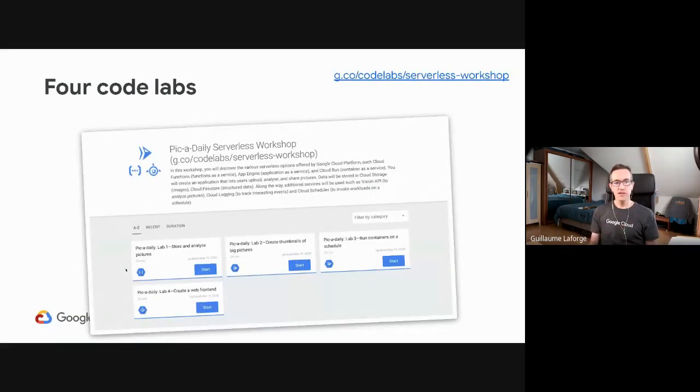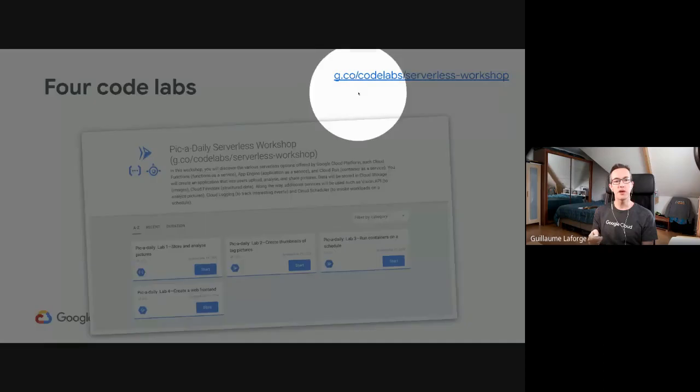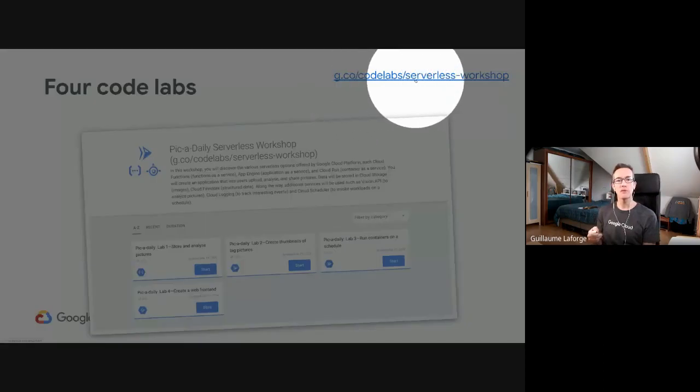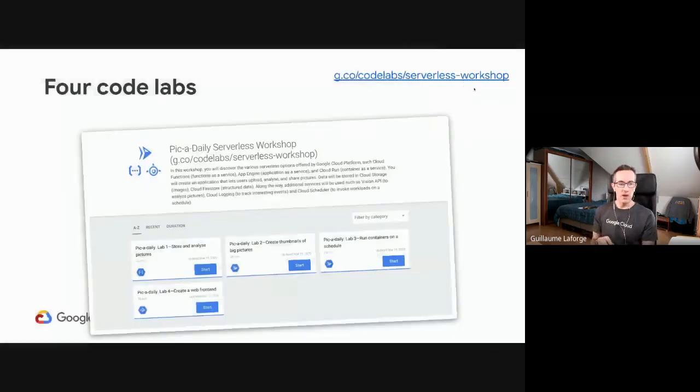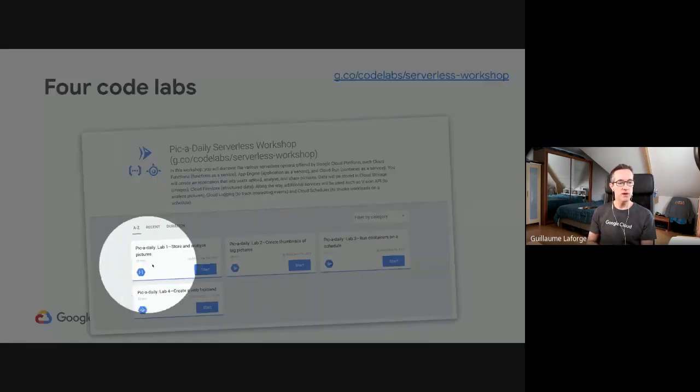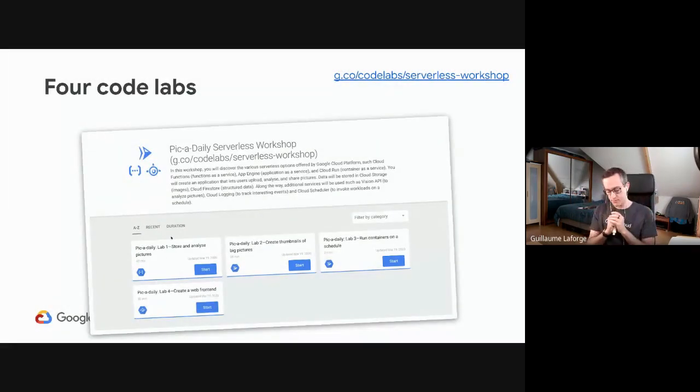So the 4 Code Labs, as I said, are running on our Code Labs platform. Please go to this link above, g.co/codelabs/serverlessworkshop. For the first workshop, we won't necessarily need it. So first things first.